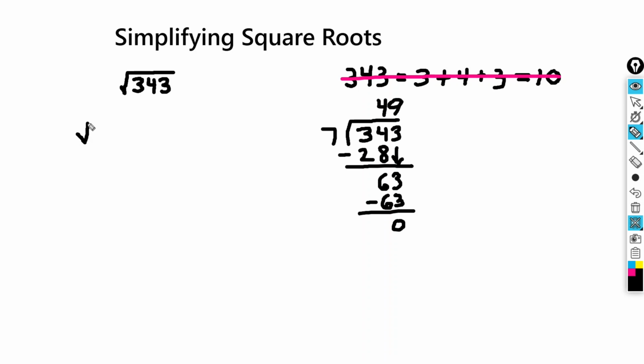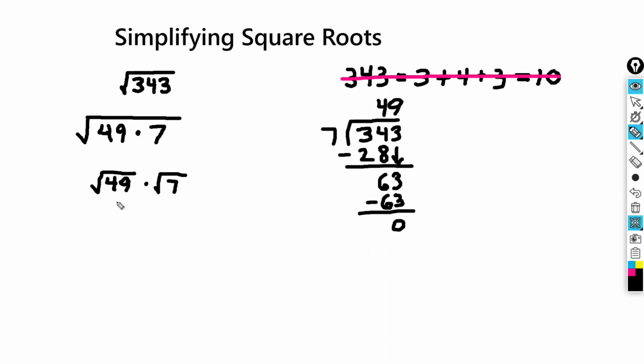So I can rewrite this as the square root of 49 times, and I'm using the middle dot here to represent multiplication, 7. We can now break these into separate square roots as the square root of 49 times the square root of 7.